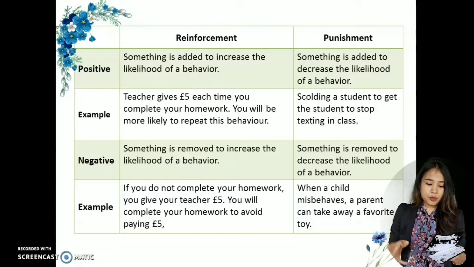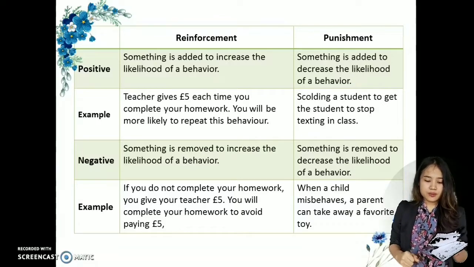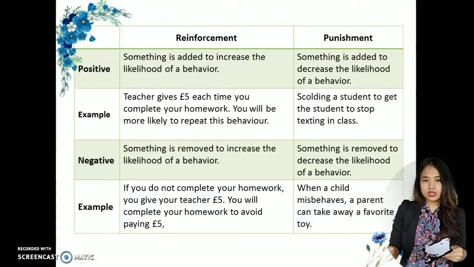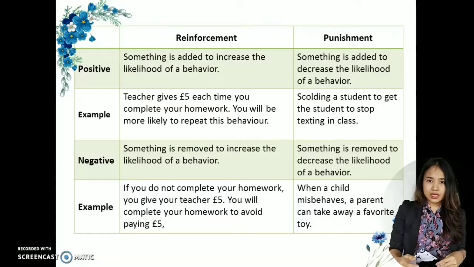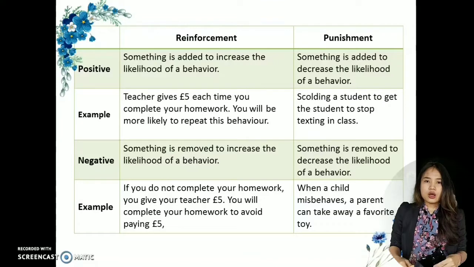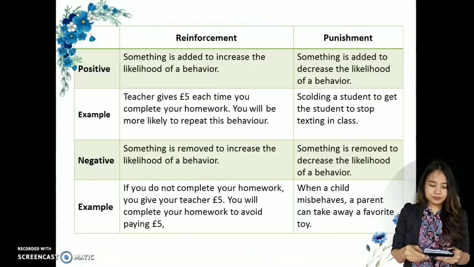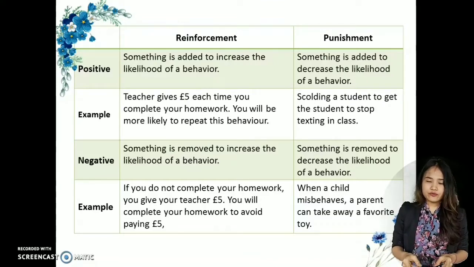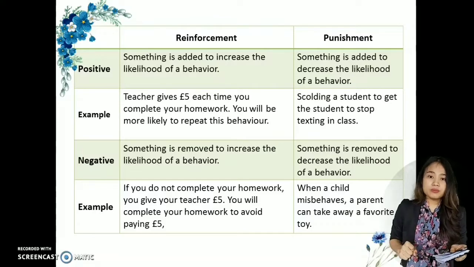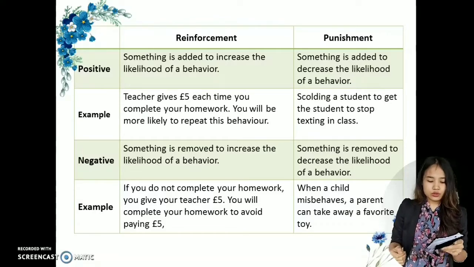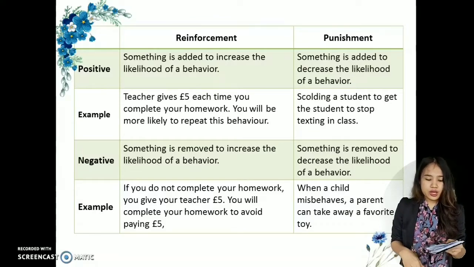And then the positive punishment, for example, you scold students to get them to stop texting in class or making noise in class. And then negative reinforcement means that you remove something to increase the likelihood of behavior.